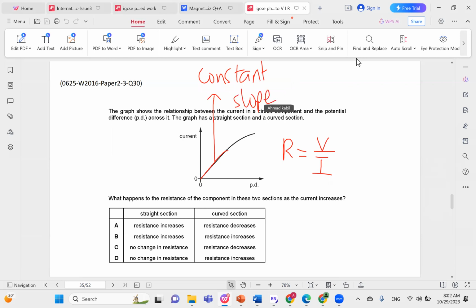And since it has a constant slope, we can rest assured that there is no change in the resistance. So for the straight section, we know that A and B are wrong. And we want to figure out what happens in the curved section.